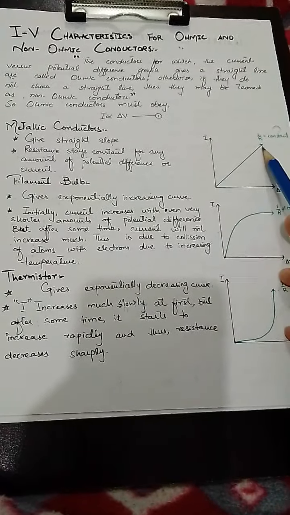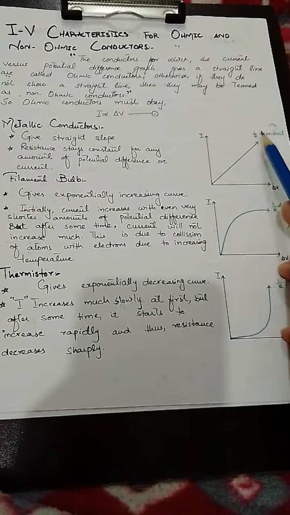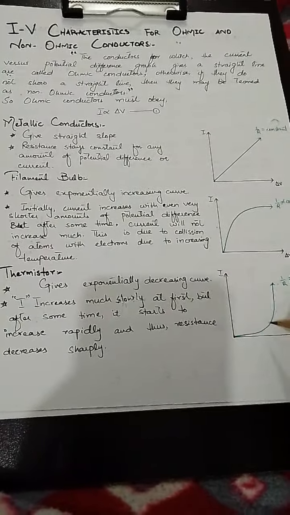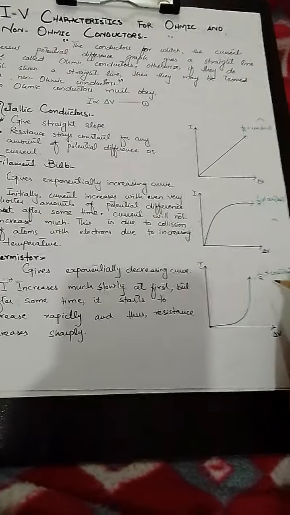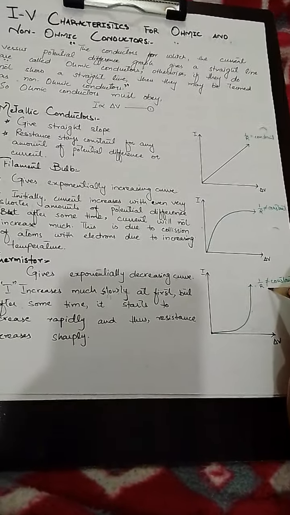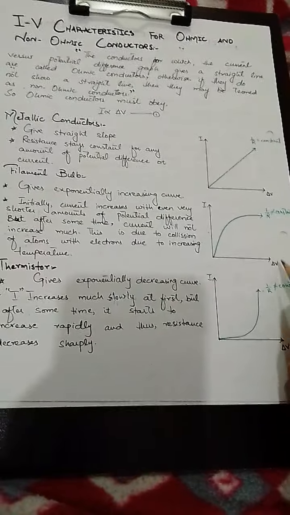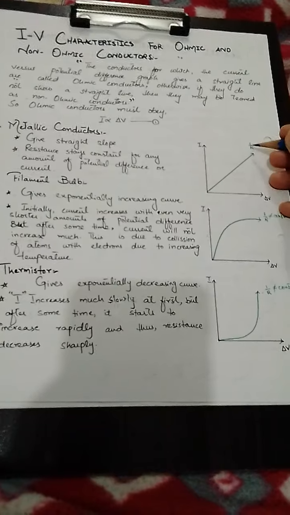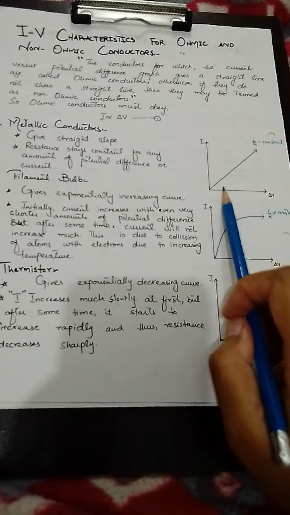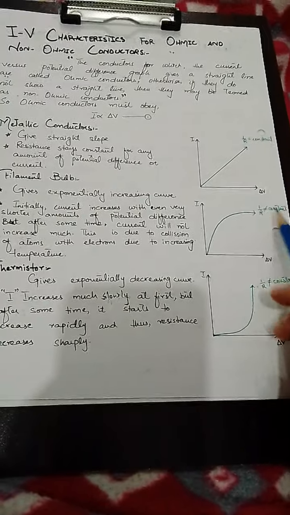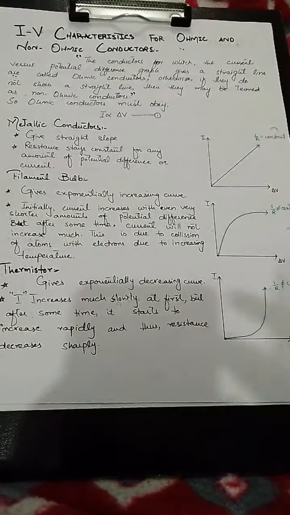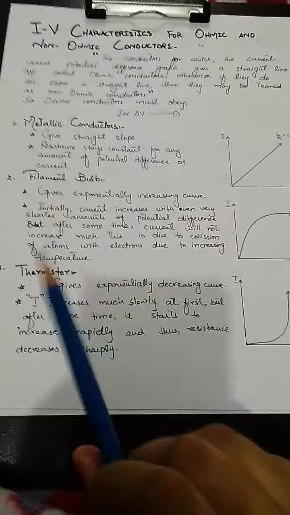This straight line shows that this factor stays constant for ohmic conductors, and these two graphs show that this factor does not stay constant for the non-ohmic conductors. So for the graphs for which 1 by r is constant are called ohmic conductors, and the graphs for which 1 by r is not constant are called the non-ohmic conductors, right?